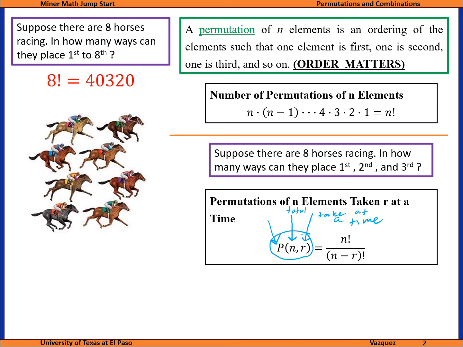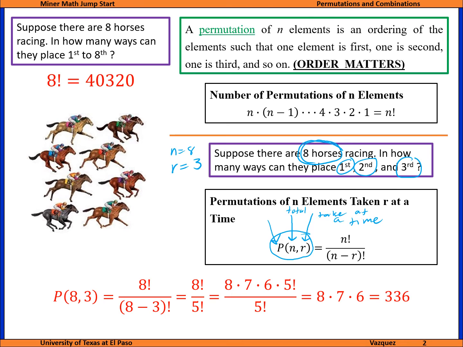And the way this works is up here, they're asking us about 8 horses. So that's our total. That's going to be N. N in this case is going to be 8. And we only care about first, second, and third. So we care about 3. We're taking 3 at a time. So R is 3. If we plug that into our formula, that's going to give us that the permutation of 8, 3 is 8 factorial over 8 minus 3 factorial, which is just equal to 5 factorial.